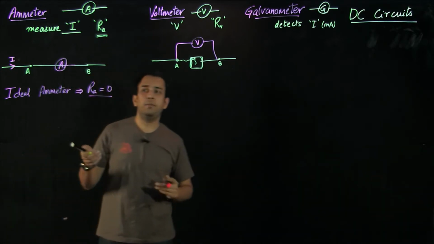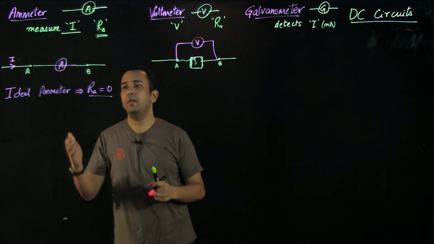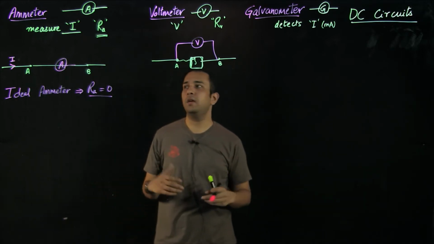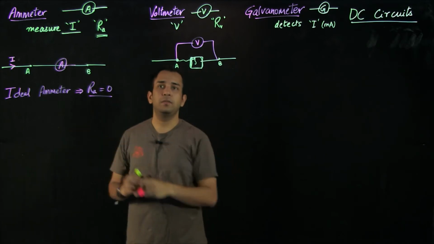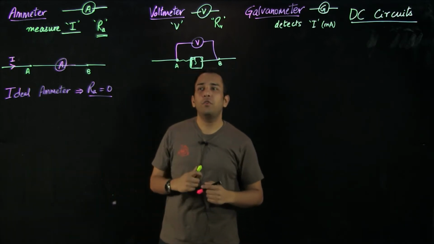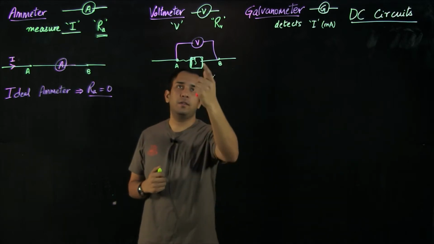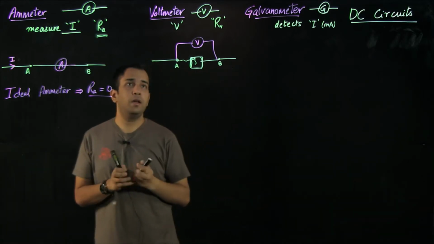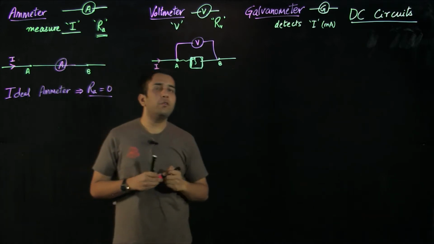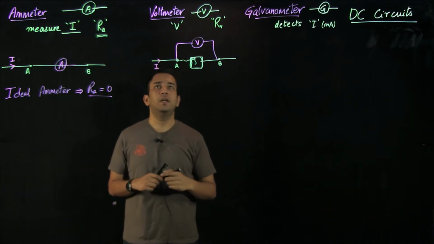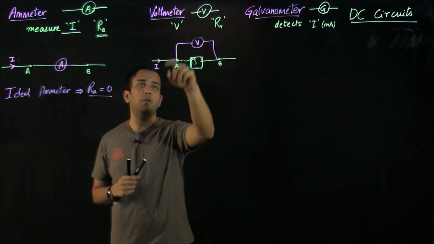And we have already established an understanding that an ammeter is only applied in series with the desired branch or desired terminals. Similarly, for a voltmeter, we know that we are applying it in a parallel combination, and let's say this current is coming here. So similarly, for a voltmeter, we do not want the voltmeter to attract any current towards it.